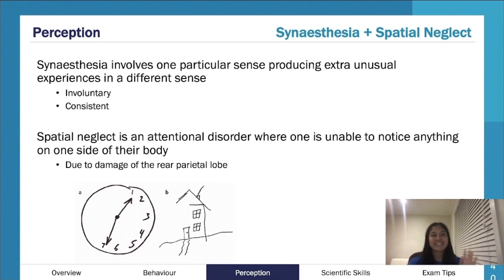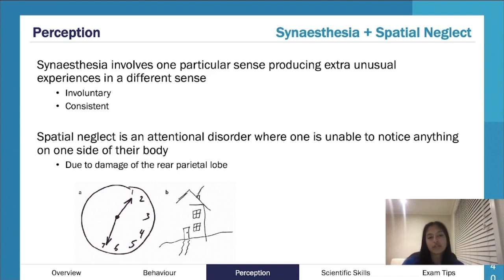Sometimes I see videos where they'll say a name and the person gets repulsed by the name because it tastes really bad. Or when they see numbers, they see colors as well. So it's that idea of a word being associated and paired with a taste or a sight, stuff like that. A sound maybe as well.